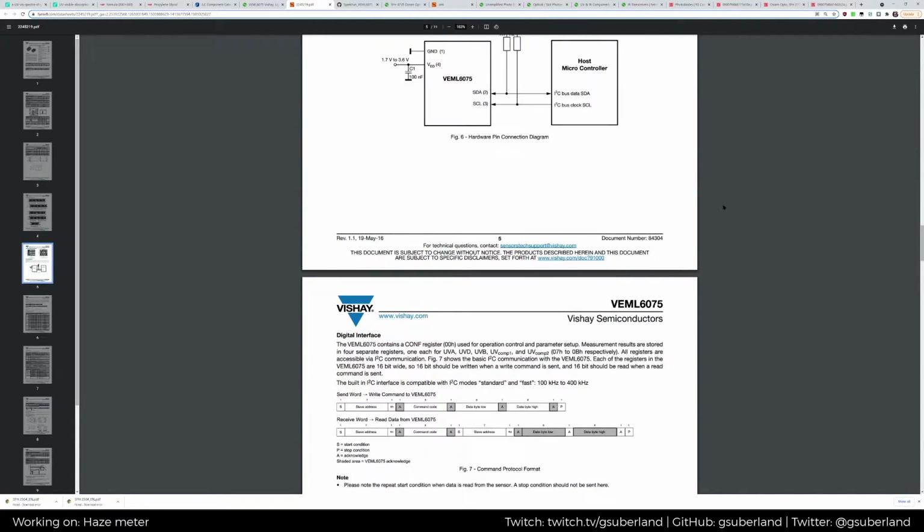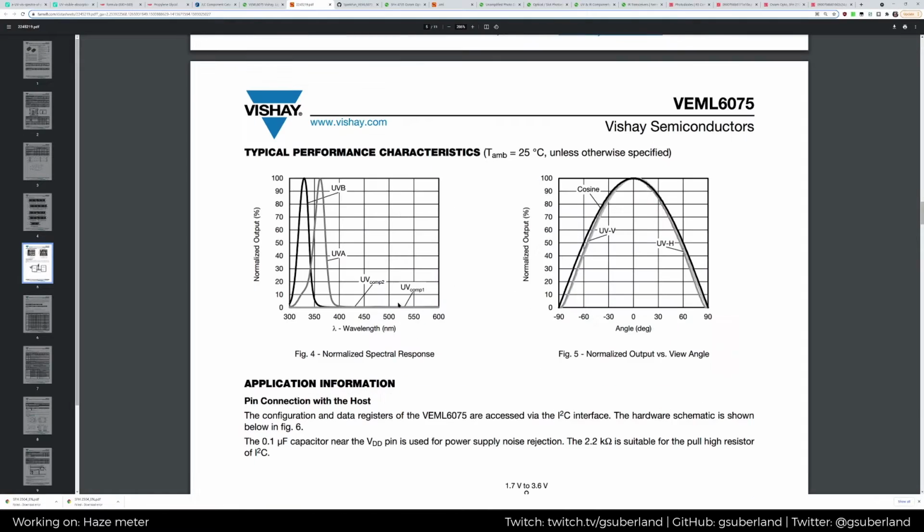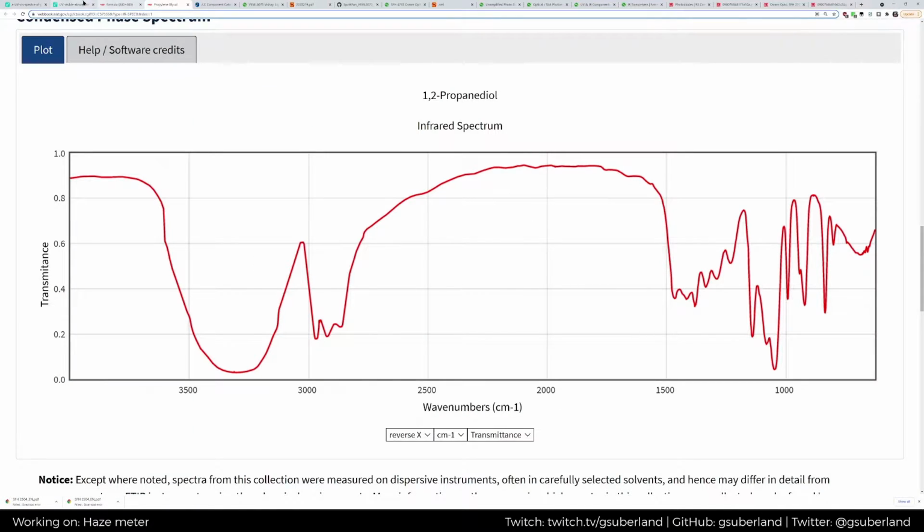So if I just scroll down, here we go. We can see the typical output, and you can see the UVB peak hits around 330-ish, and then the UVA hits around, I don't know, 360-ish. So it's like 330, 360, about that kind of range. And then if we compare that back here, sorry, that's the wrong one.